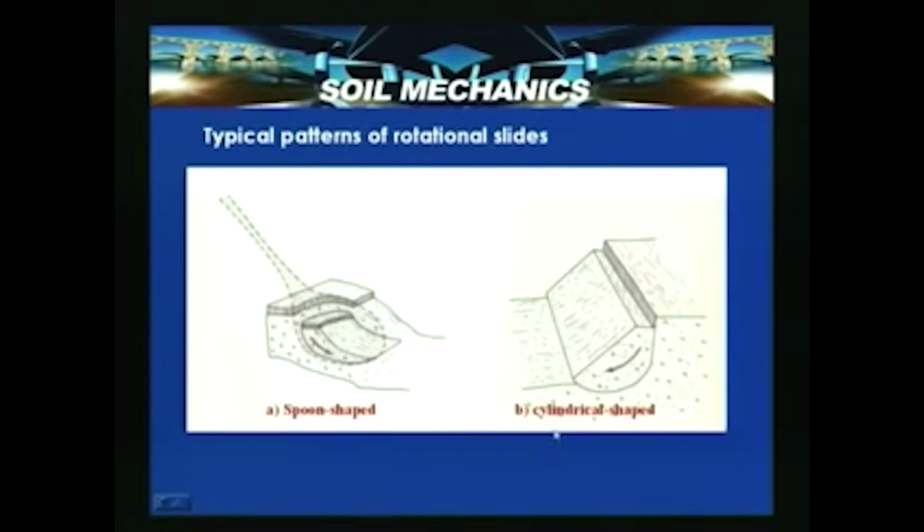Or sometimes, mainly for these man-made slopes, a cylindrical shaped failure can occur for the entire section of a slope. A slip surface can form. So, here there is a settlement or a depression from this level, and then a downward movement of the slope takes place.